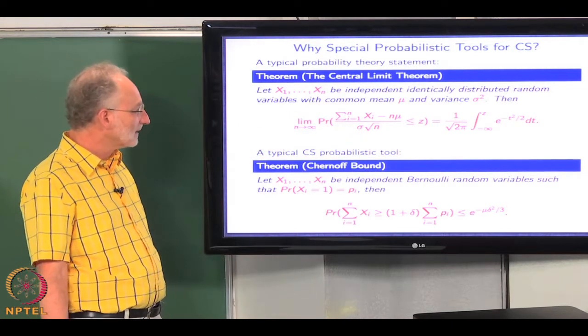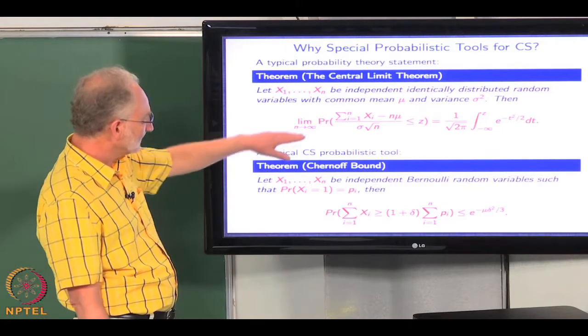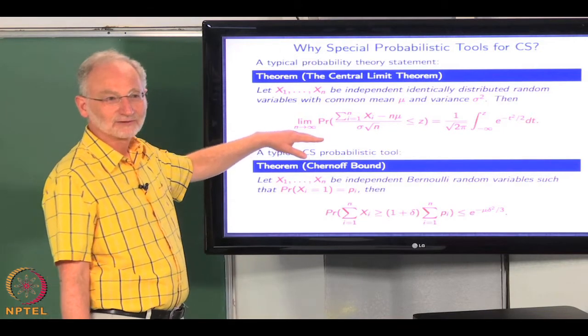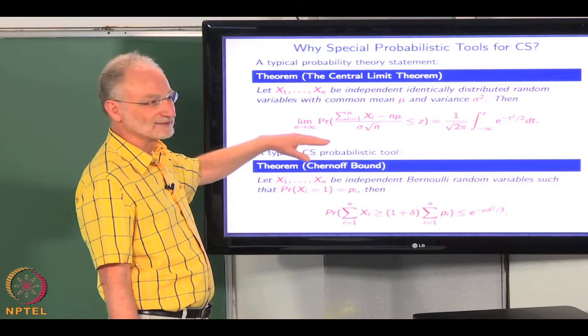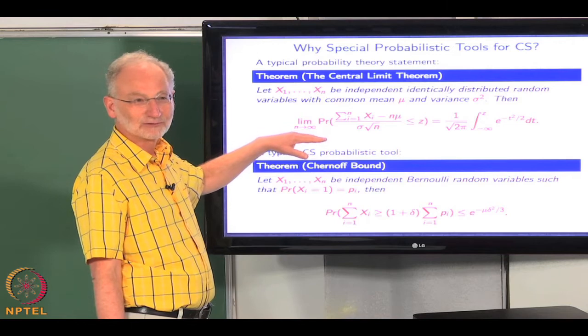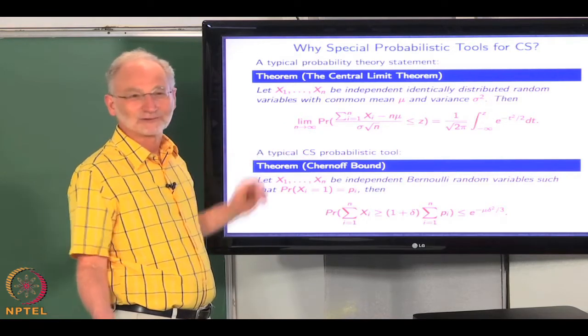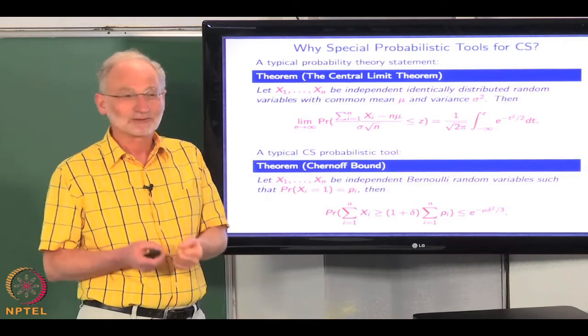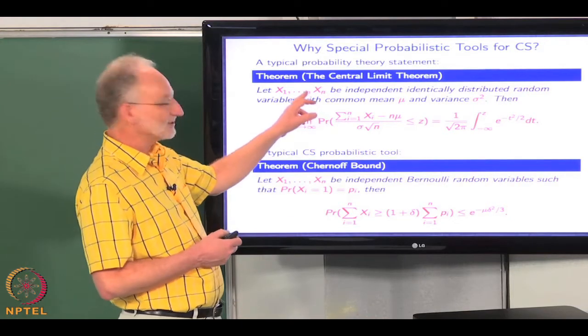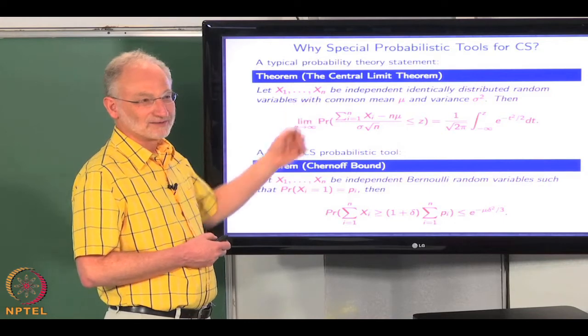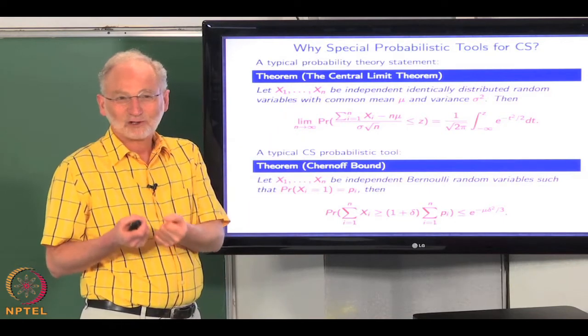Okay, well, that's very nice for theoretical mathematics. But in computer science, the limit is not enough. I want to know how far I have to go. So in computer science, we really want to count. We want to count the steps. So each of these samples has a cost.